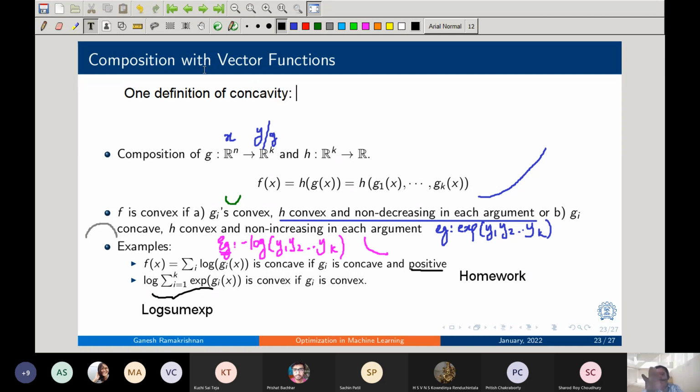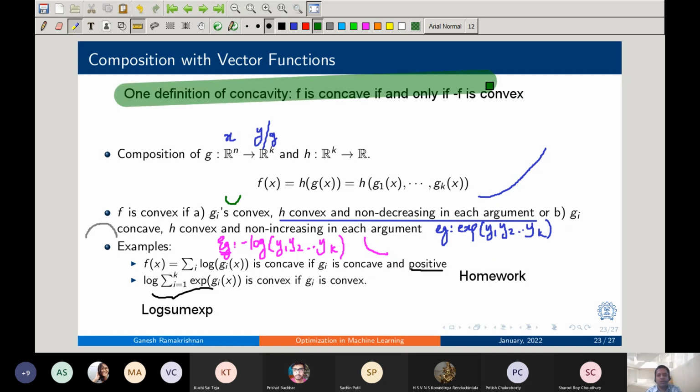All the inequalities get flipped. So we are hinging on this definition. Thanks for bringing this out. Any other question or comment?